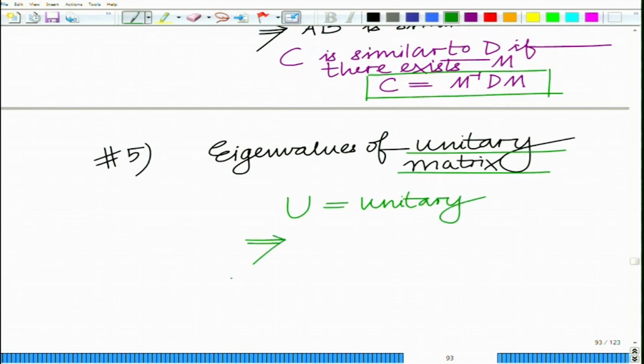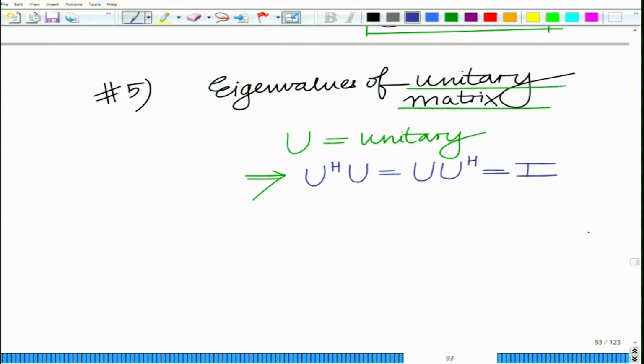Remember, the unitary matrix is defined by the property U Hermitian U equals U U Hermitian equals identity. This is the property of the unitary matrix. Now, let x bar be the eigenvector, and lambda equals corresponding eigenvalue.